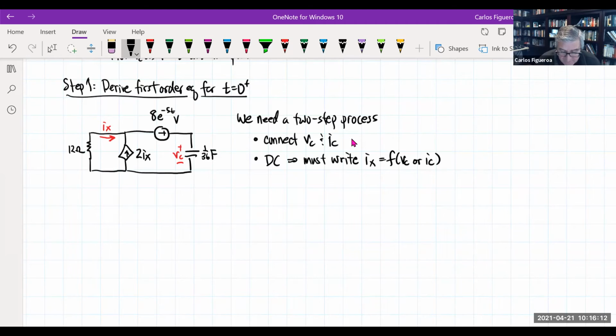So the first thing that I'm seeing here is, how do I connect? Probably the easiest way to do this is that I'm really setting up two equations and two unknowns.